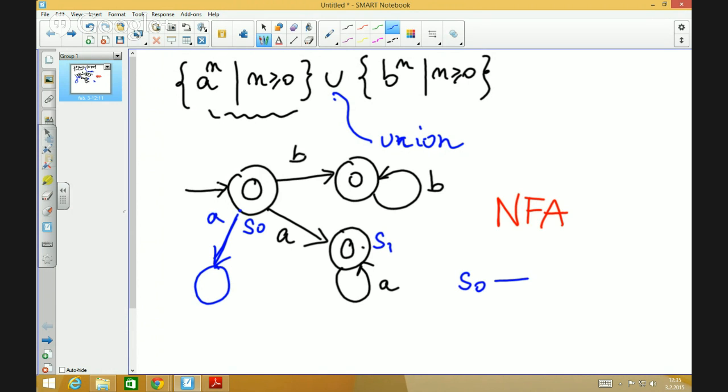You read the first A, you go to state S1, and now suppose the next input symbol is a B. You can't. There is no outgoing B label transition from state S1. So you cannot actually read all your input, the computation crashes.